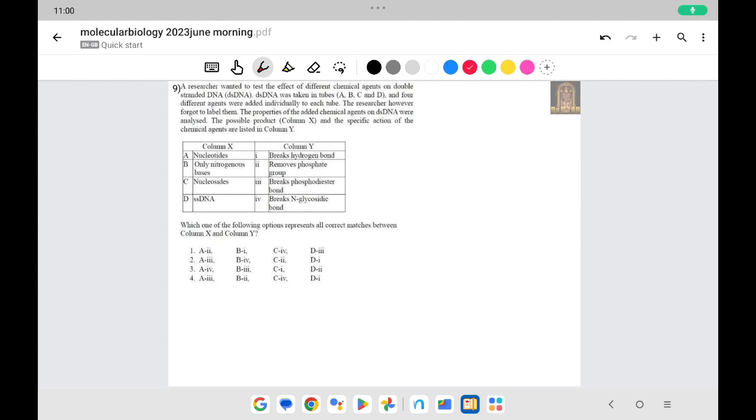In this question, the DNA samples were taken in several tubes and each tube was treated with several chemical agents. Thereafter, they got this kind of result from separate tubes, and you have to determine the reason behind this. Here we all know DNA is made up of double strands, where the single strands are connected via hydrogen bonds.